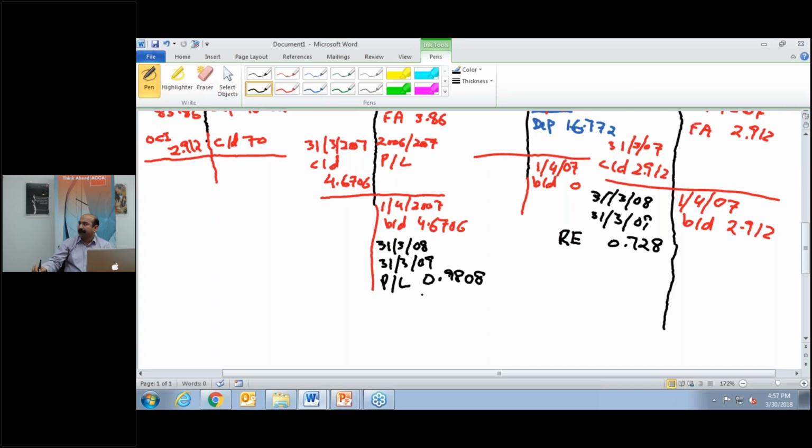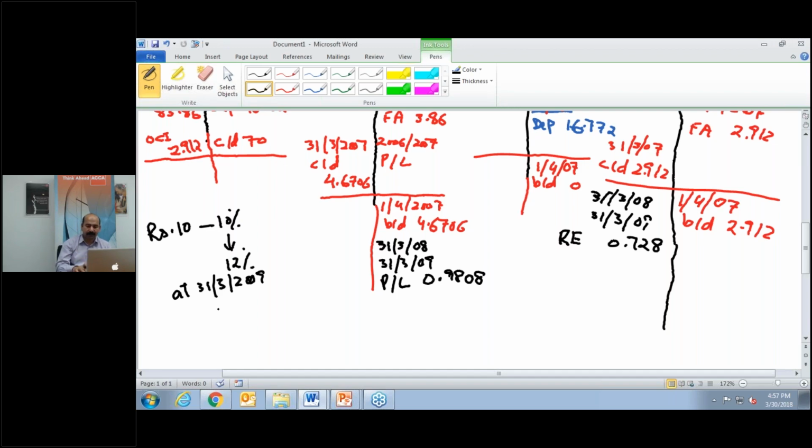Okay, now what happened? This 10 million without discount was the decommissioning liability, and the discount rate used was 10%. Now this discount rate has moved to 12% at 31st March 2009.